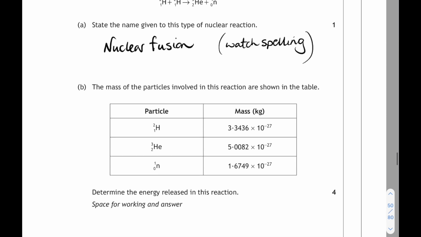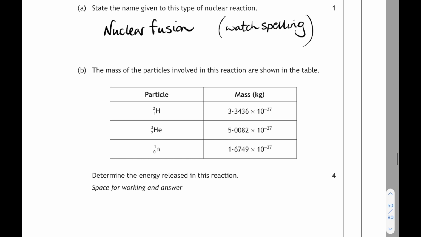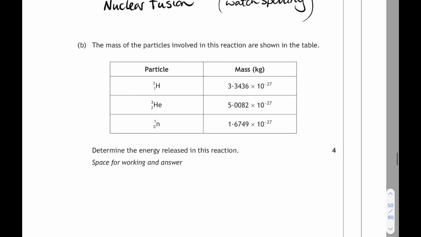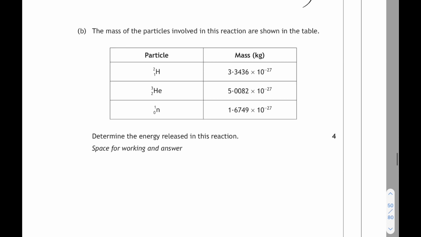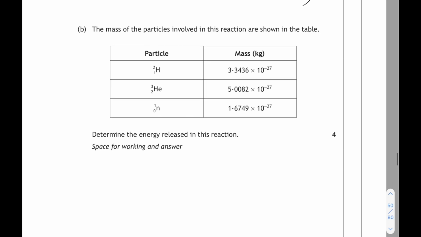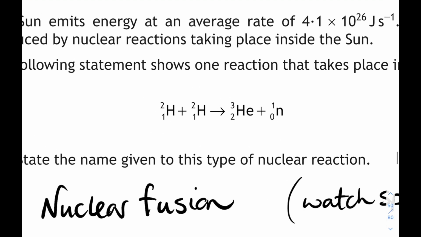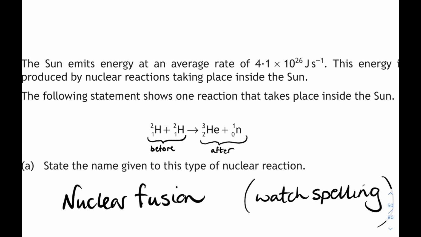Part B, the mass of the particles involved in this reaction are shown in the table, and we've to determine the energy released in this reaction. So each of those individual particles is shown there with its mass, and so we have to work out the total mass before the reaction and the total mass after the reaction.